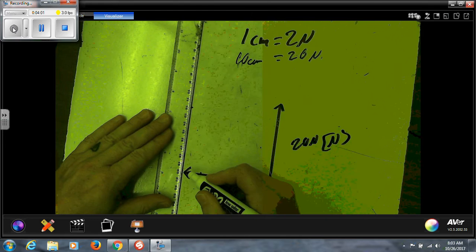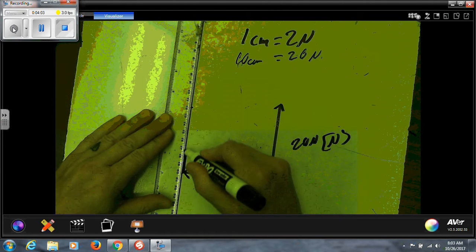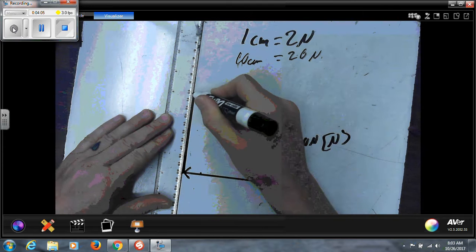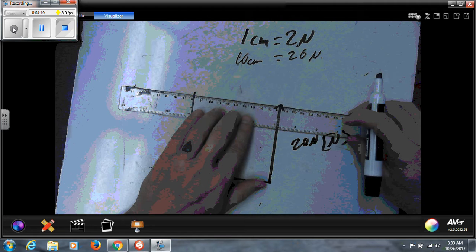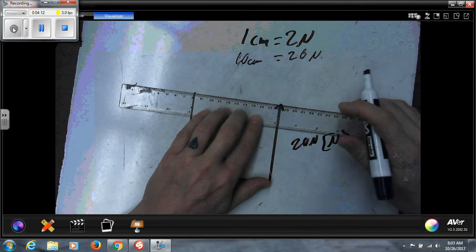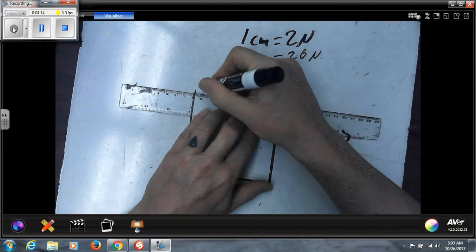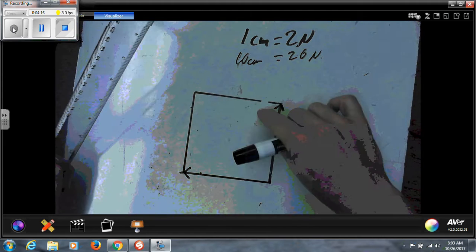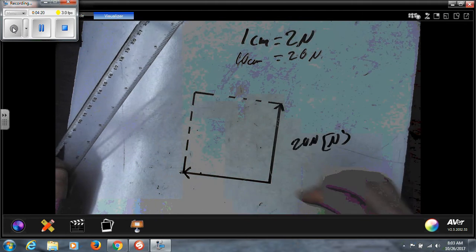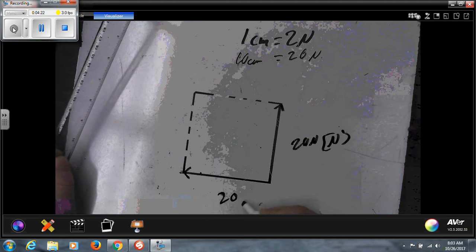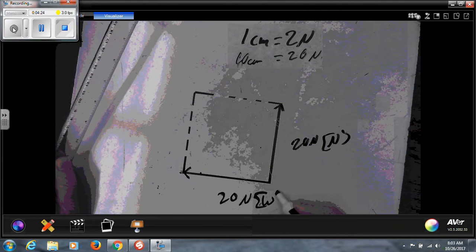That means I'm going to draw that up to there. I'm not putting an arrow on it because I'm not going to call that a vector. I'm just trying to make a parallelogram so I know what to draw. So now I have a parallelogram. In this case it's a square because both sides are the same. This is 20 newtons north, this is 20 newtons to the west.